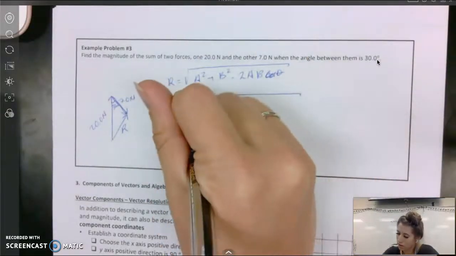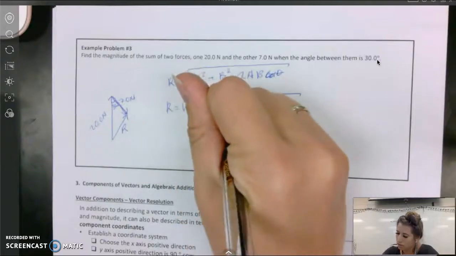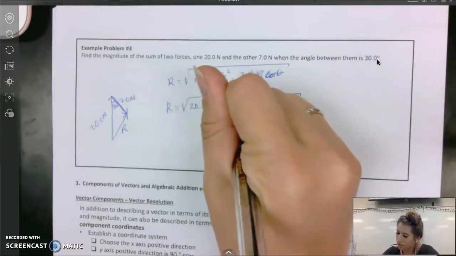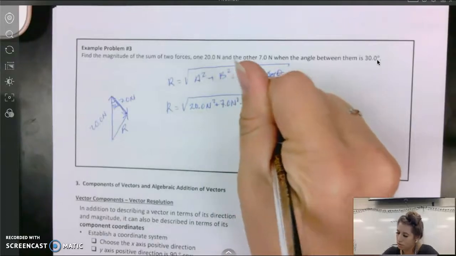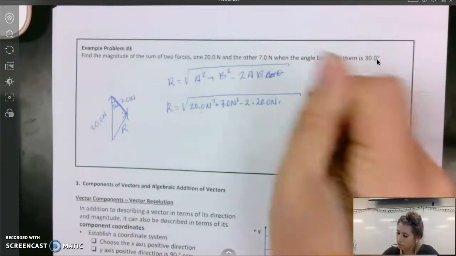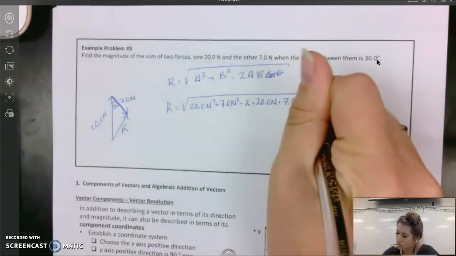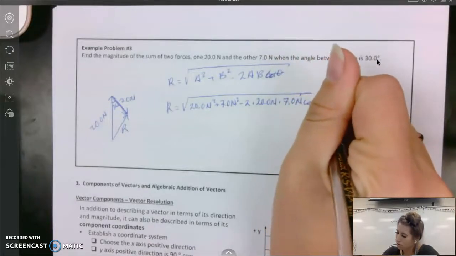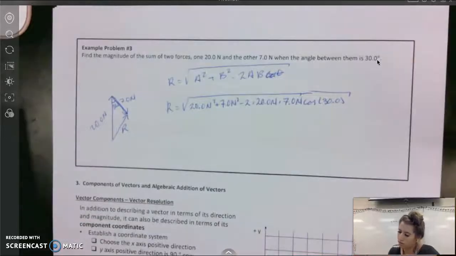Okay, we'll say a is 20, so 20 newtons squared plus 7 newtons squared minus 2 times 20 newtons multiplied by 7 newtons cosine of 30 degrees. Okay.